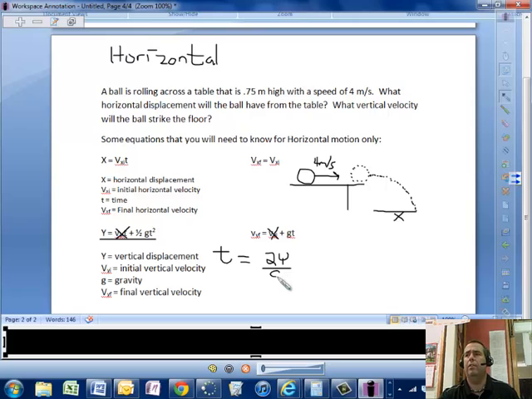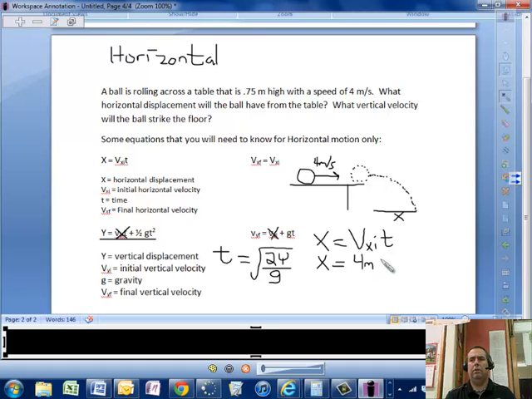Okay, let's go ahead and focus on this first problem. It says, what is the horizontal displacement? So x is going to be equal to Vxi multiplied by time. So what we're saying is x is going to be equal to 4 meters per second multiplied by time.